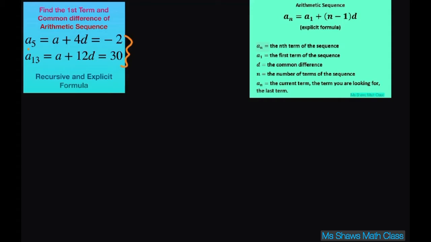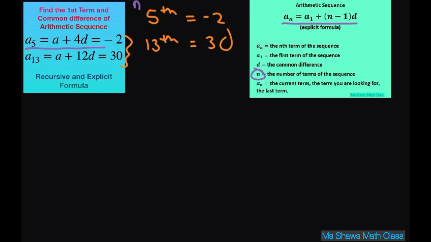So basically the question is the fifth term equals -2 and the 13th term equals 30. So this is your n. Your n is 5 and 13. If I look at this first one, I use my explicit formula, or my nth term formula, and write a sub n.